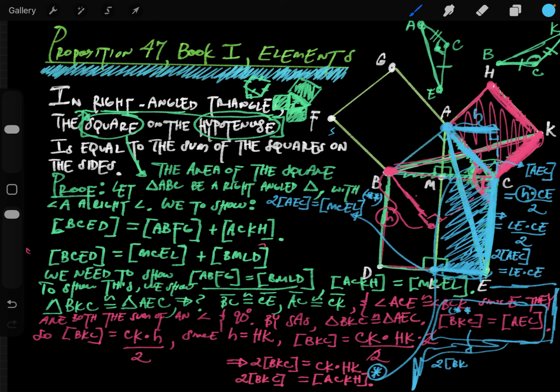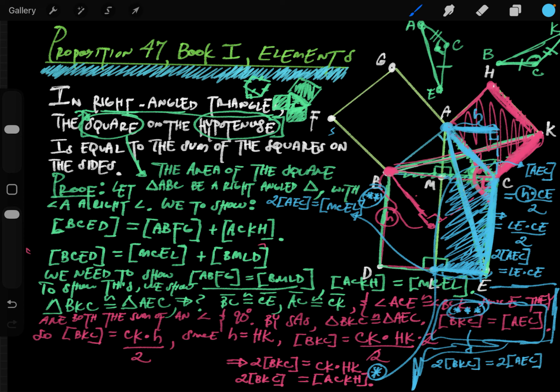If I combine star, double star, and triple star, I'm going to get the relationship I need, because 2 times BKC is going to be equal to 2 times AEC.